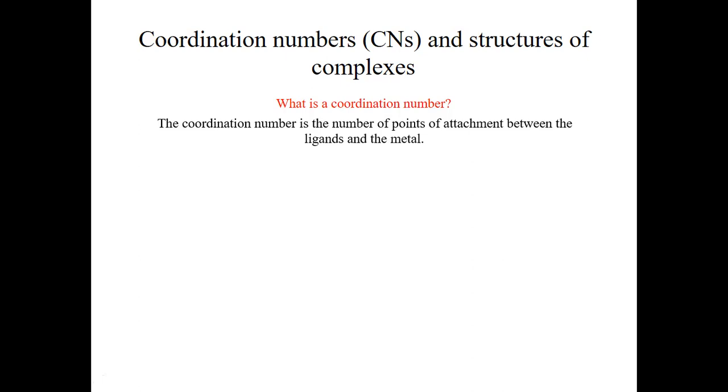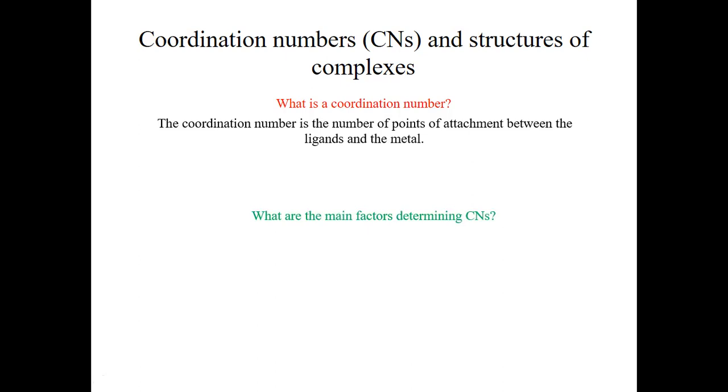Now there can be different structures for different coordination numbers, and there are a number of factors that determine the coordination numbers and then the structures for each coordination number.